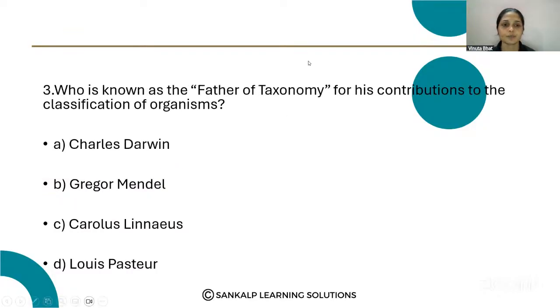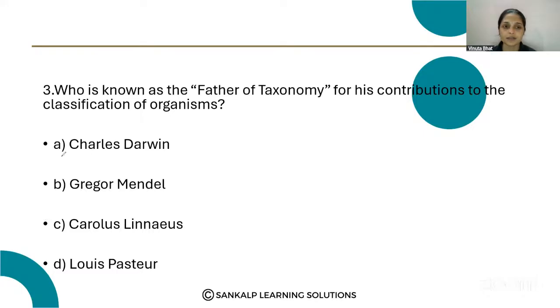Next question. Who is known as the father of taxonomy for his contribution to the classification of organisms? Option A, Charles Darwin. Option B, Gregor Mendel. Option C, Carolus Linnaeus. Option D, Louis Pasteur. We already learned this scientist's name.